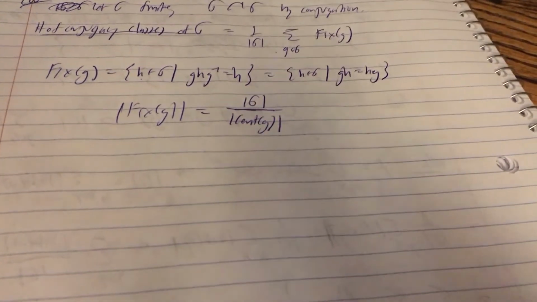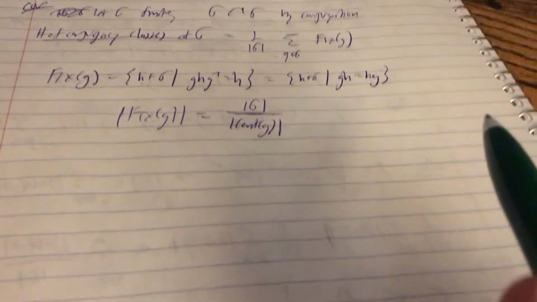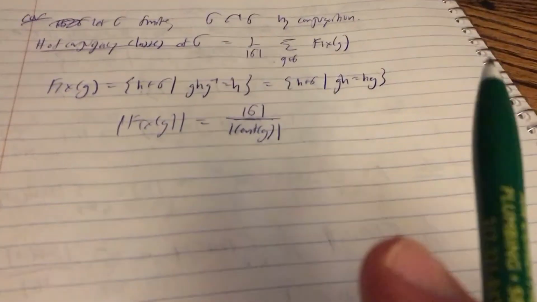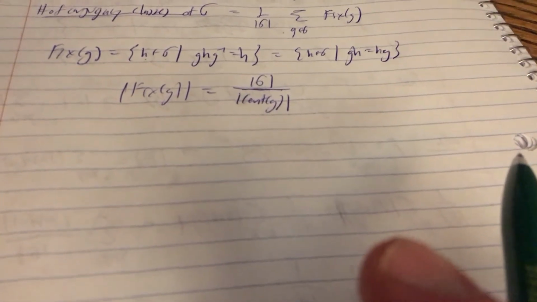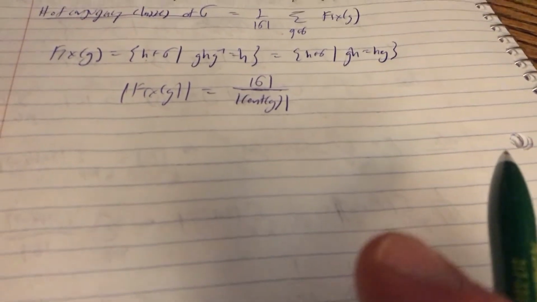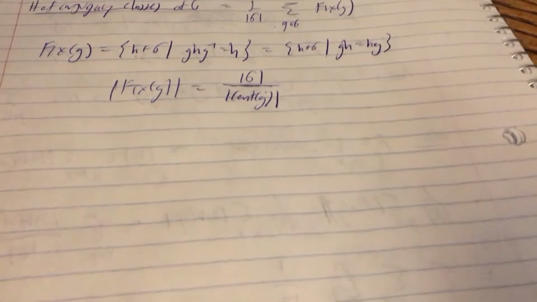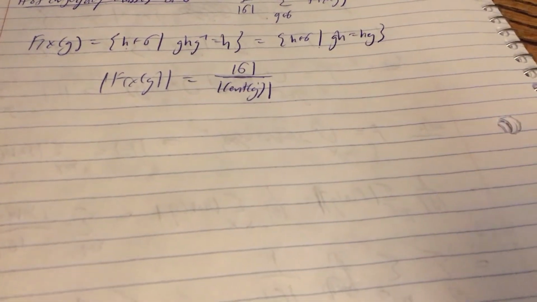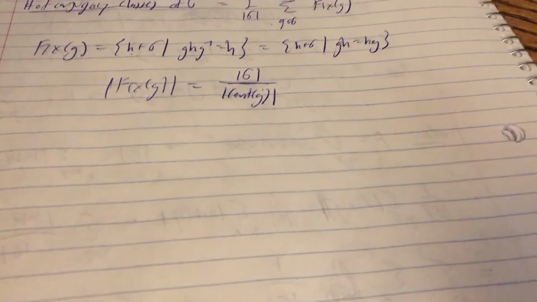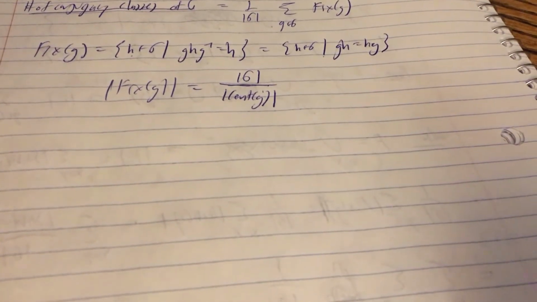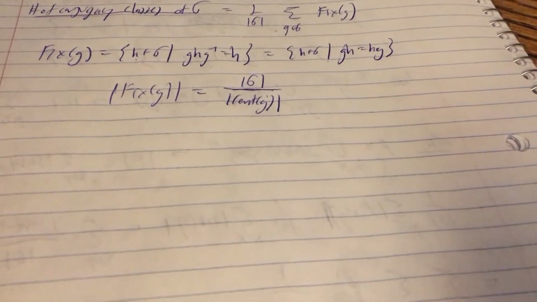The point is that I'm taking all h in G and considering h g h inverse, and I'm demanding that it be equal to g.